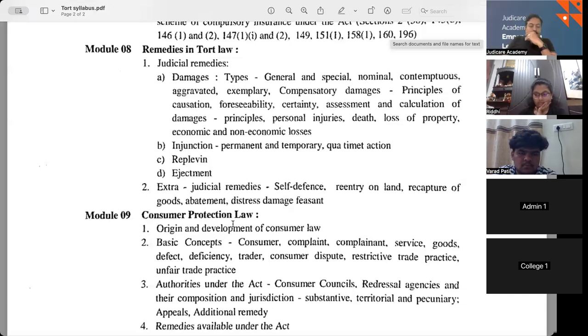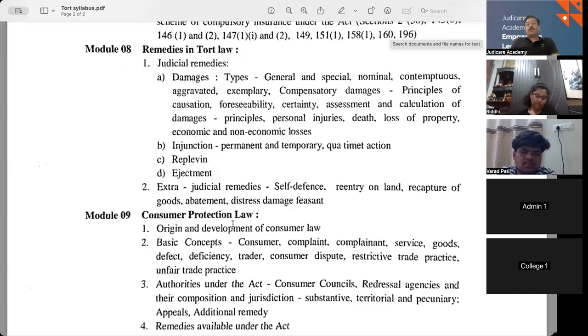That is replevin. Typically, the party claiming replevin must demonstrate rightful ownership of the goods, which is natural. And then they also have to show that although they are the rightful owner of the goods, the goods in the custody of the other person are taken unlawfully or detained unlawfully.